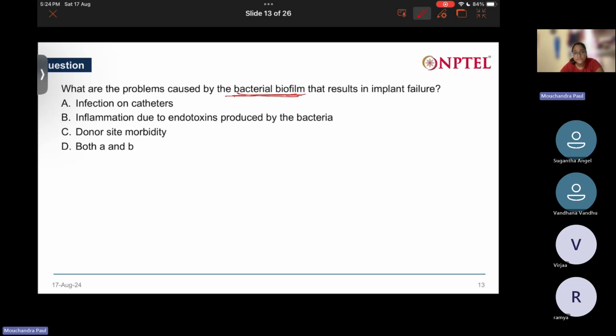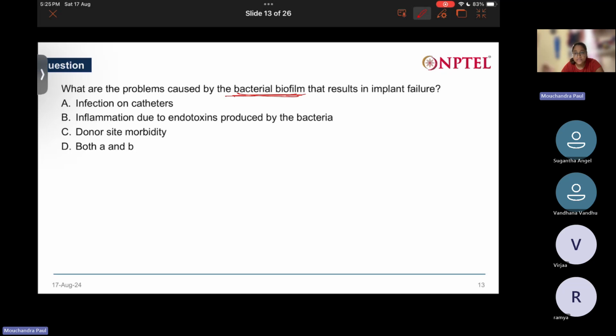So once the biofilm is formed on your implant, what problems can it cause that will ultimately result in malfunctioning or failure of your implant? First option is infection. Yes, it can. Inflammation due to endotoxins produced by the bacteria, definitely. Bacteria are well known to produce toxic molecules called endotoxins.